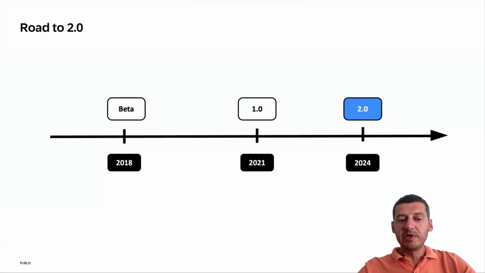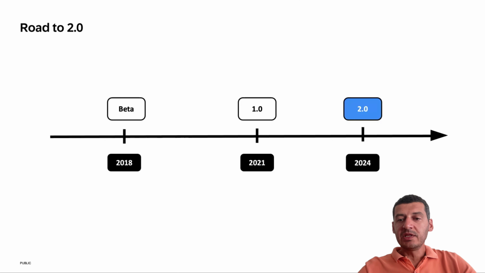We released a public beta in 2018 and started gathering lots of feedback and usage. By 2021, we got really confident that we have a big set of components, that the technology is now supported across all browsers, and it was proven that it's the right fit for different technologies.